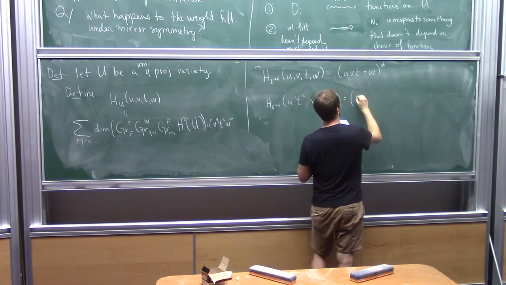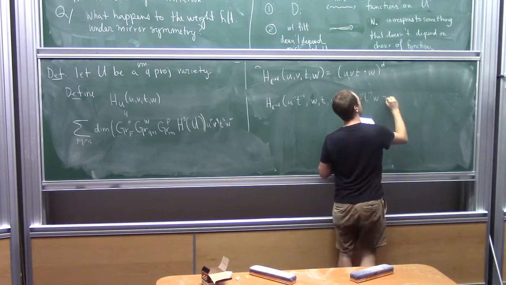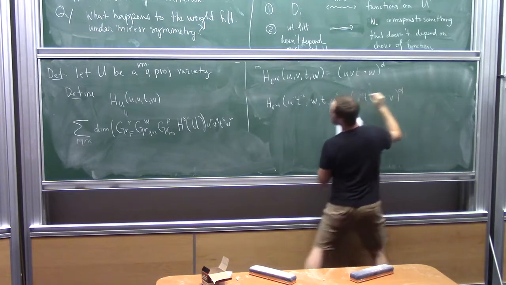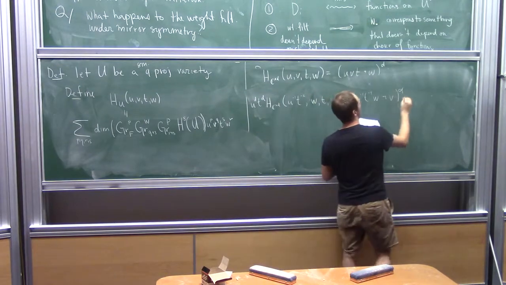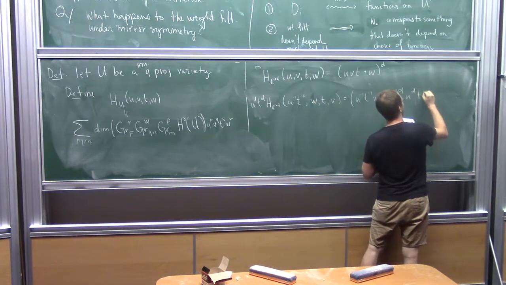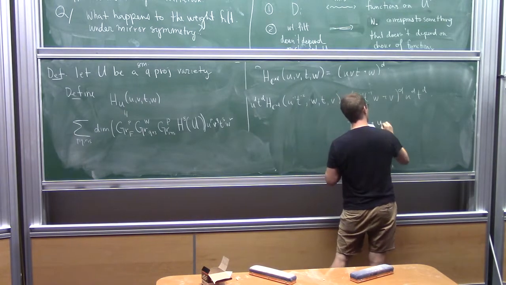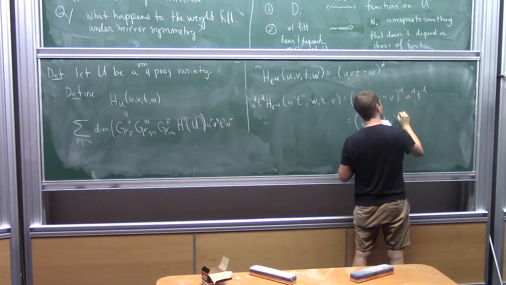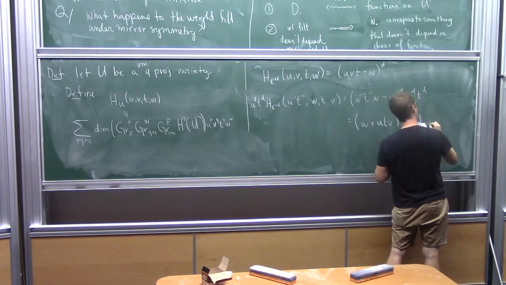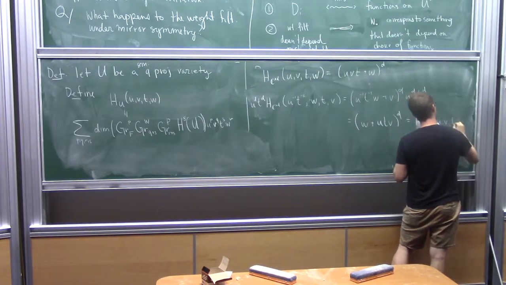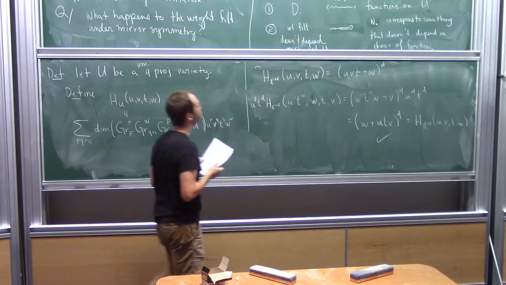This is U to the -1, T to the -1, W plus V to the D, multiplied by T to the D, U to the D, T to the D. This is of course equal to W plus U, T, V, to the D. Okay, so we can check in this example that it is true.